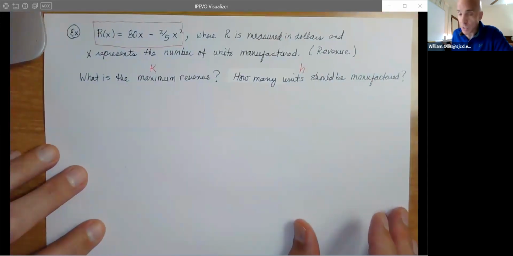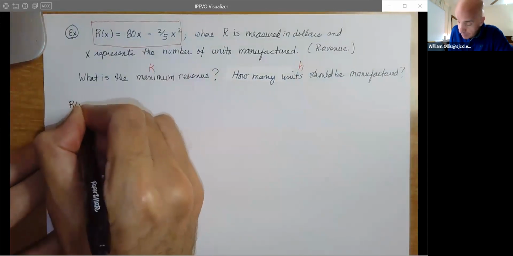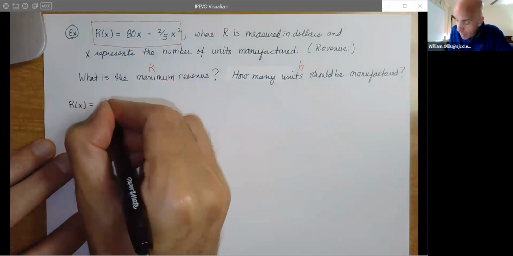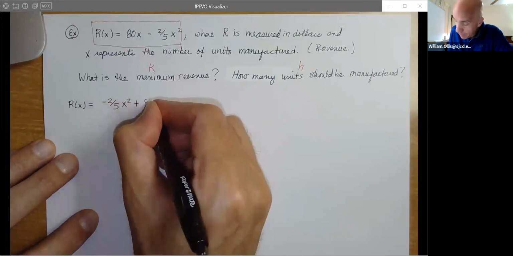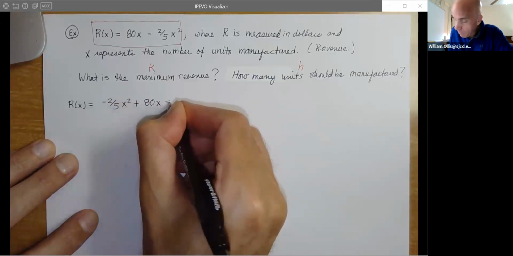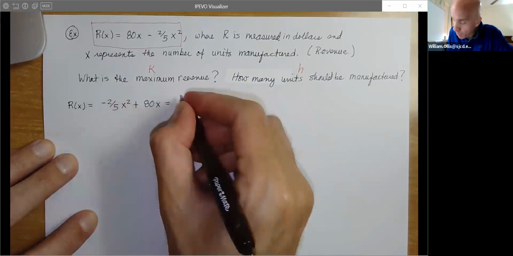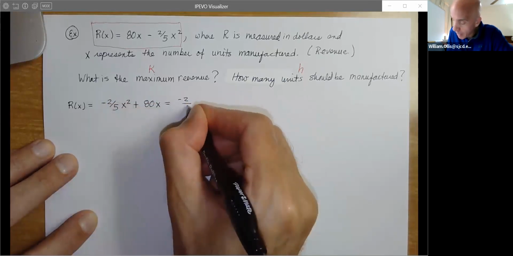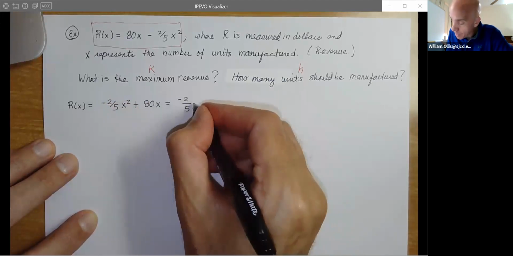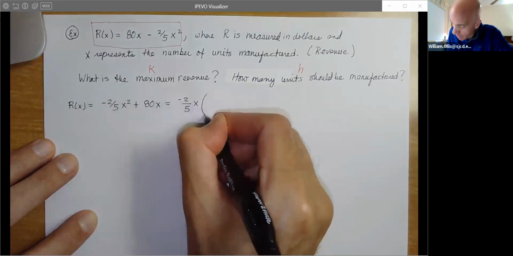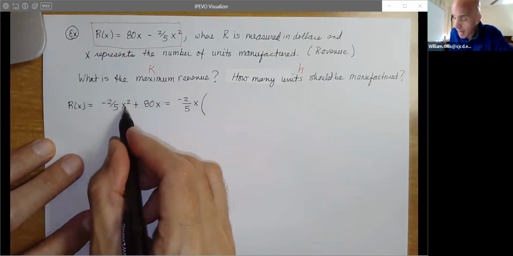So now we can just say, all right, let's rewrite R. So R of X, let's rewrite it with the square term first, and we just want to factor it. So now let's factor, we got an X and a negative 2/5 that we want to pull out because we want the X inside to have coefficient 1. So now notice that we've extracted the negative 2/5 and the X from the first term.